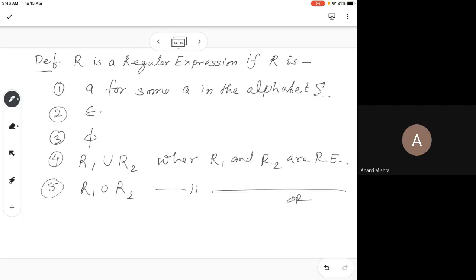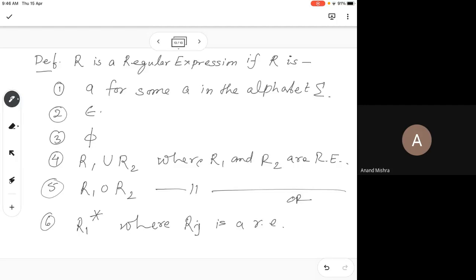Or sixth is R1 star, where R1 is a regular expression. So these are the six things which make something a regular expression, and anything else is not a regular expression.